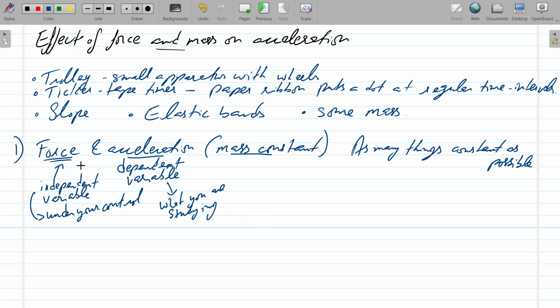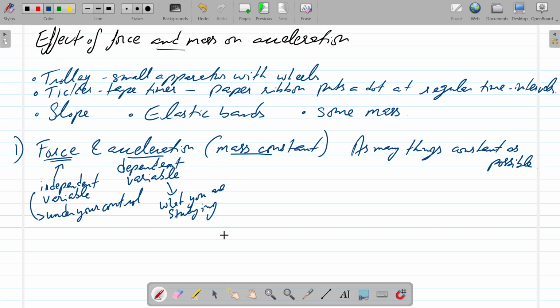Okay. So what we're going to do, let's see how well I'm able to do this. Probably not too good. Okay, you've got a trolley on a slope. You have your device here.